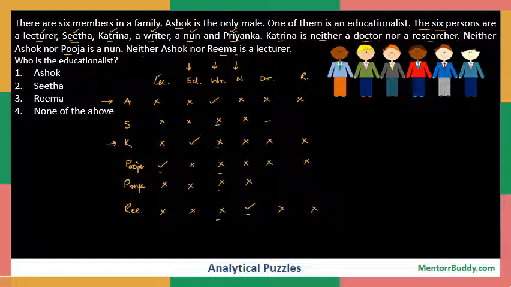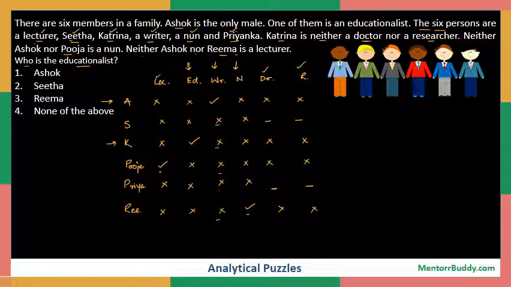Still there are two blanks left in front of Sita and in front of Priyanka. Now there is no information in terms of doctor and researcher. So whatever information is given to us in the question so far, we'll use it to answer the question. So my first question is, who is the educationalist?